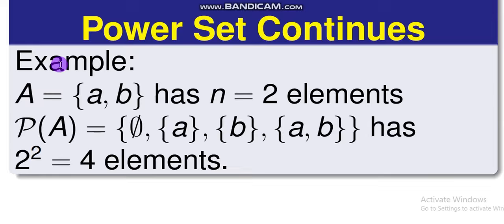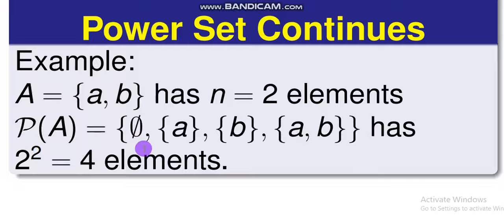For example, let's say set A has the elements a, b. So it has 2 elements, so n is equal to 2. The power set is a set of all the subsets, all the small sets that you can obtain from set A. When you combine them to form a set, that set is the power set of A. The first one is the empty set.